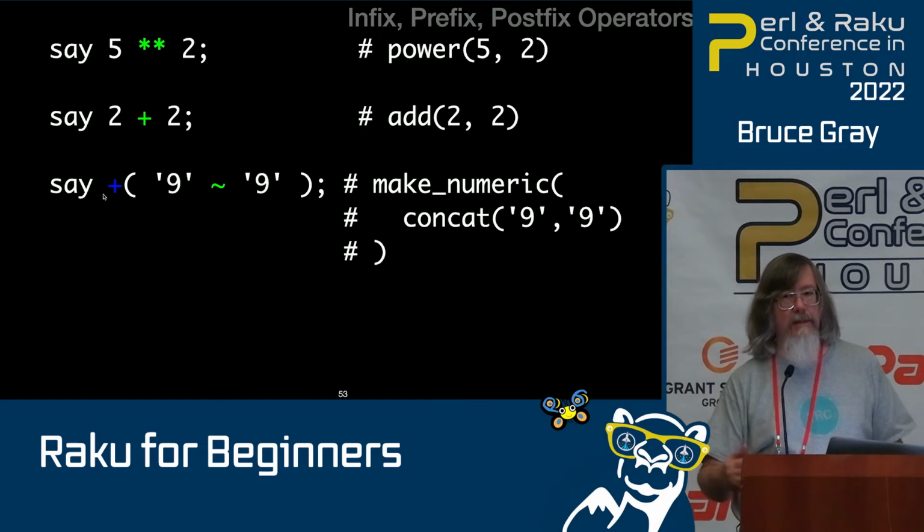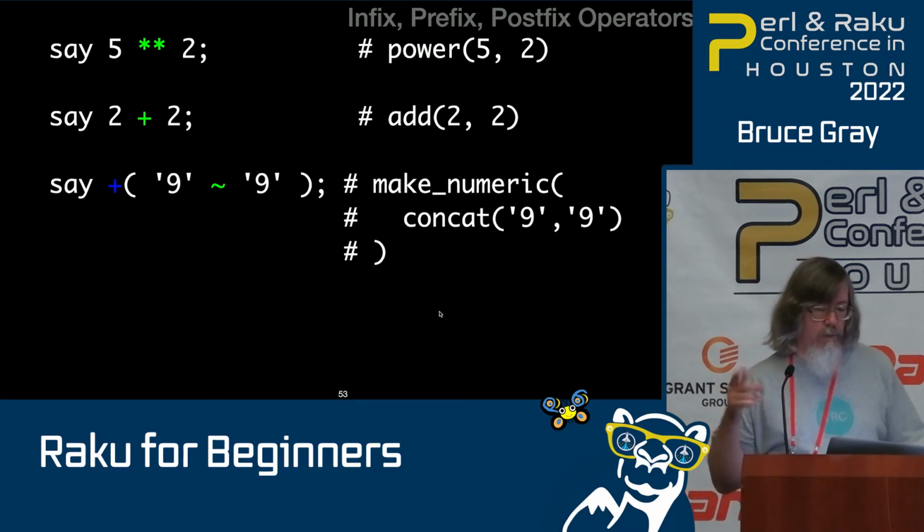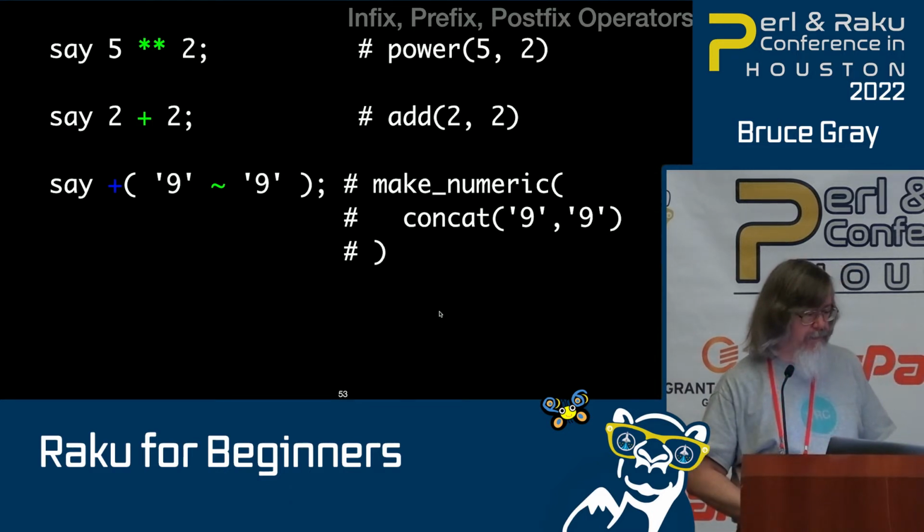So it must be the prefix operator, not addition. It's all syntactic sugar for subroutine calls, but it's sugar that we want. It's really tasty. I hate working like that in languages that require it. There's also postfix operators, but we'll see those later.